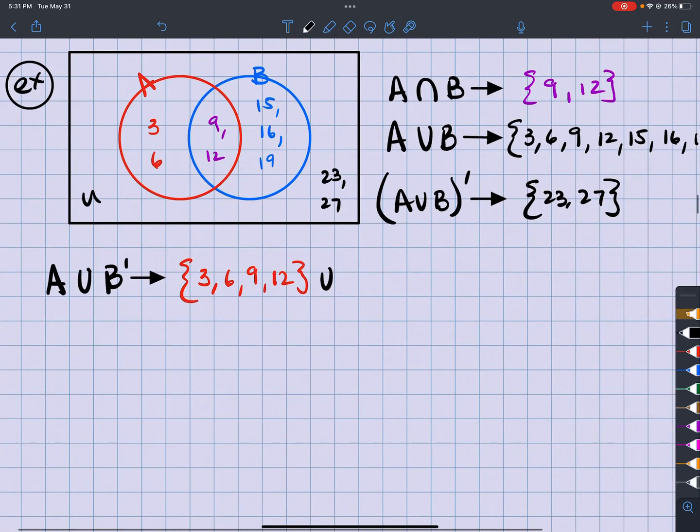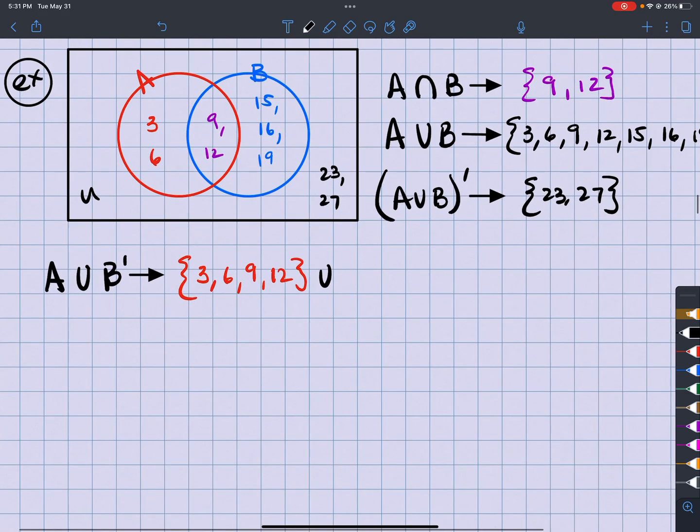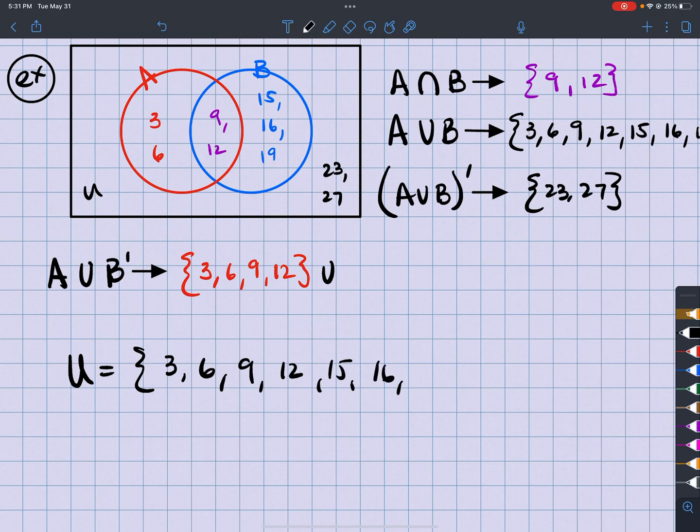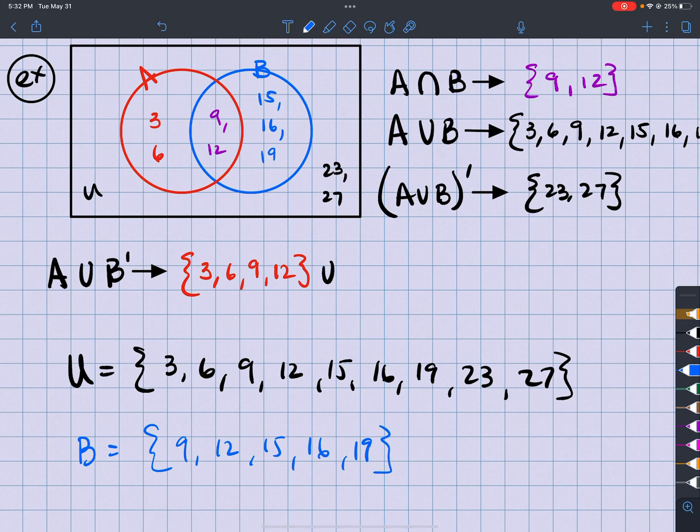So maybe we need to look at what B is first. So let's come down here. Let's do this. Let's look at the universal set. That is going to be 3, 6, 9, 12, 15, 16, 19, 23, 27, right? That's everything in the universal set. B is 9, 12, 15, 16, and 19, right?